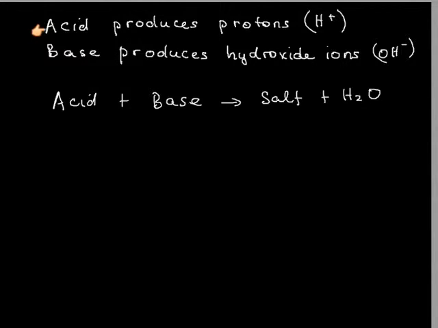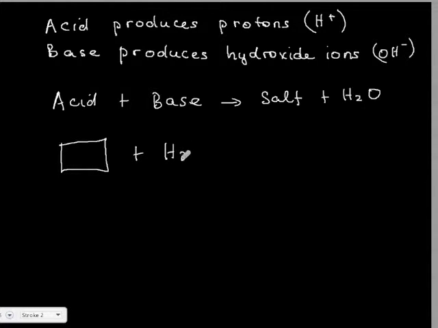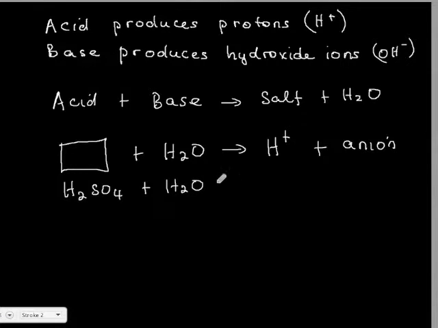Let's look at the definition of acids. Acid produces protons, and base produces hydroxide ions. So if you have a compound, if you dissolve it in water and you produce a proton plus an ion, for example, you may have H2SO4, and if you dissolve some sulfuric acid in water, and you get a proton plus HSO4 ion, and if it's an ion, it should always be in an aqueous environment.